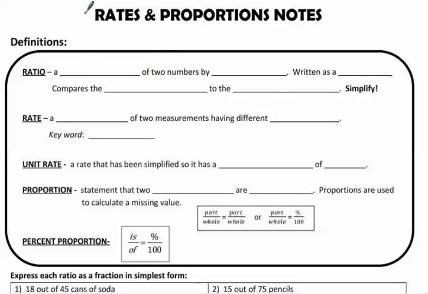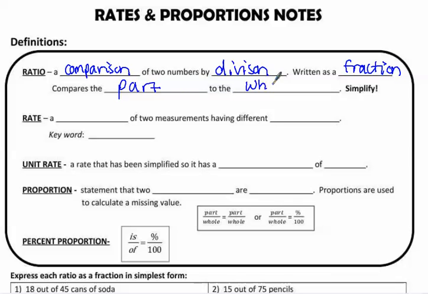Rates and proportions. A few definitions you'll need to know. A ratio is a comparison of two numbers by division, written as a fraction, that compares the part to the whole, simplified.